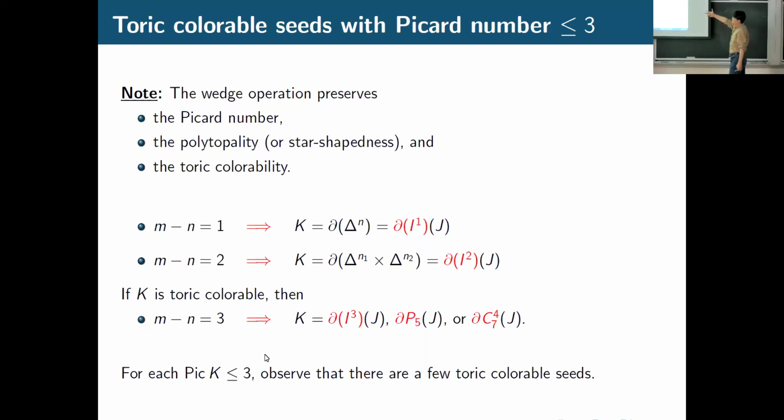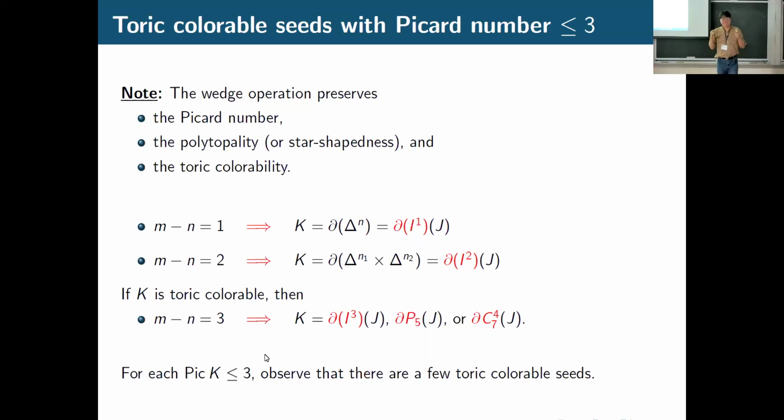So for each Picard number less than or equal to 3, there are only a few toric curable seeds. So I thought, okay, I want to generalize it to general Picard numbers.